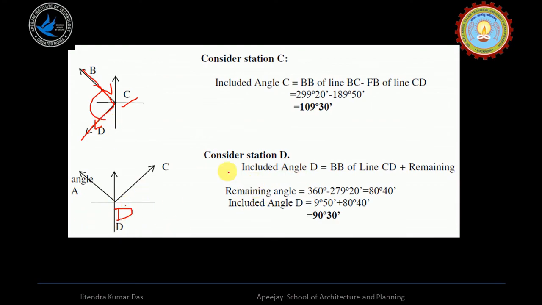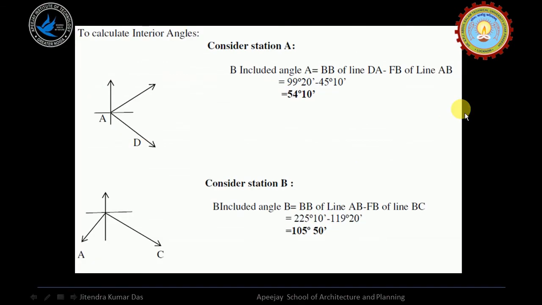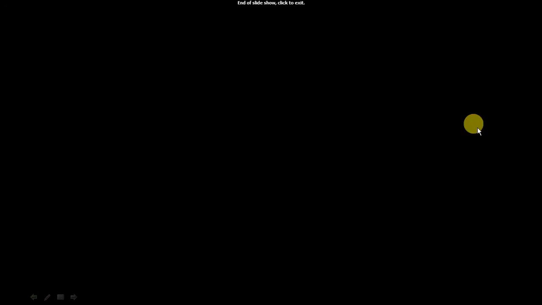Now come to D. You have the back bearing of CD and the fore bearing of DA, and in that case you have this value. So similarly we can find the included angle. So you have calculated all these included angles.